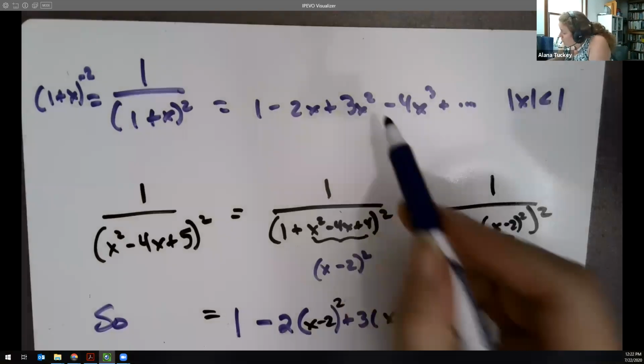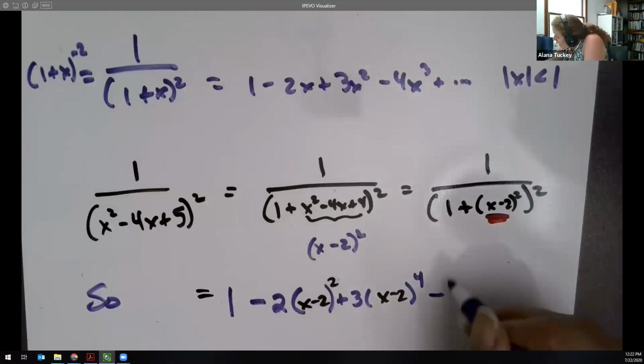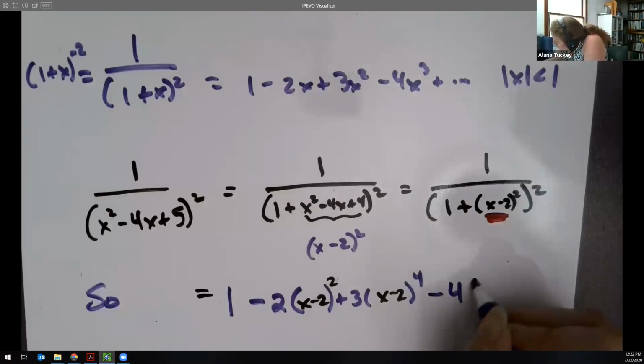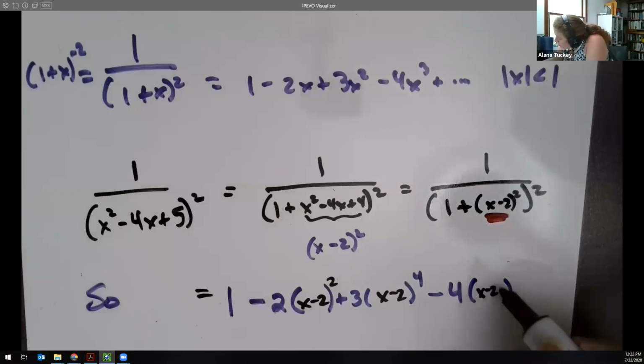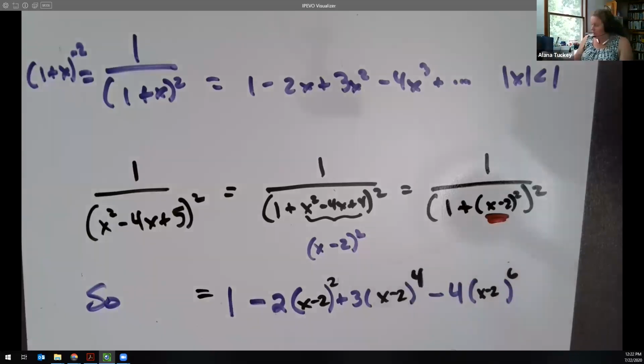So it'll be (x minus 2) to the 4th, right? Because squared squared is to the 4th. Minus 4 times ((x minus 2) squared) cubed, which is (x minus 2) to the 6th, because 2 times 3 is 6. Plus, and you're done.